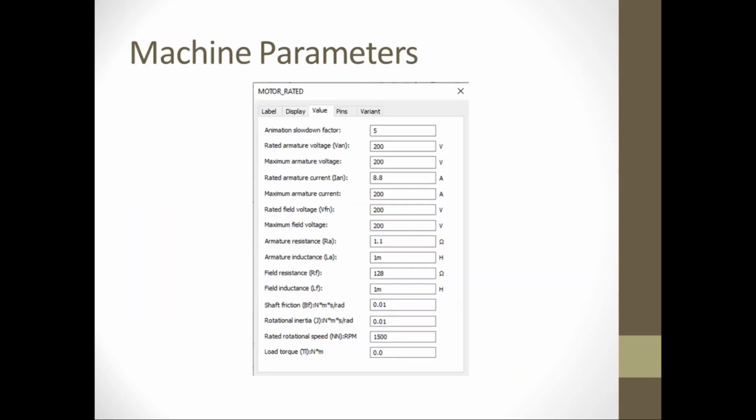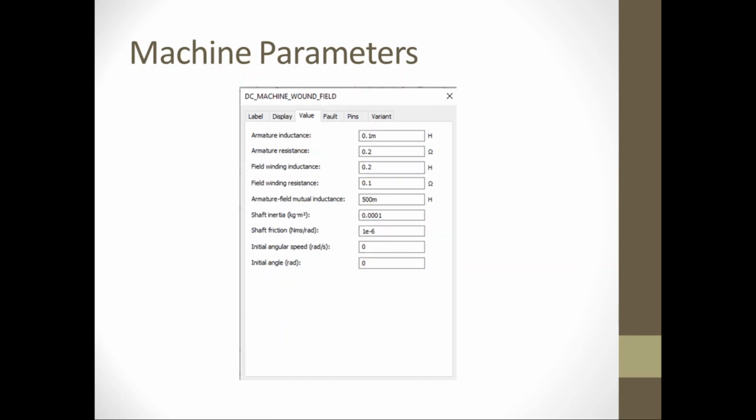This would be the machine parameters, which is the same as with the previous activity. This would be for the prime mover, and this would be for the DC generator.